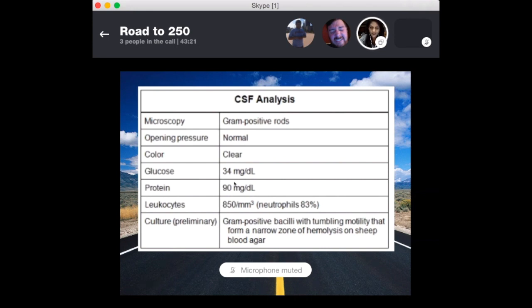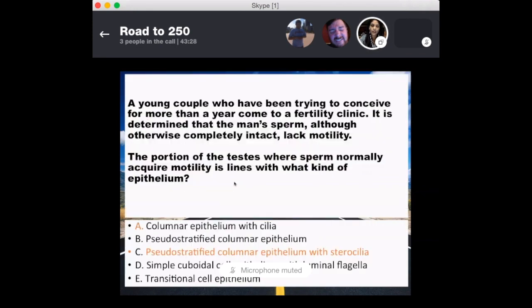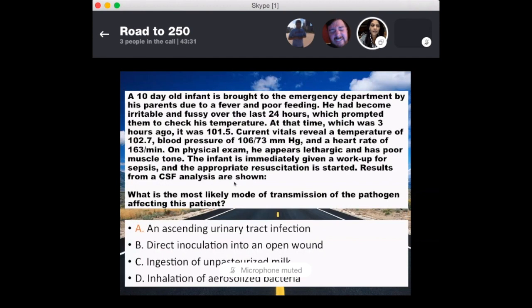So what is our bug? Tumbling motility. Listeria? Right, so we've figured out what the bug is. So now the question is, what is the most likely mode of transmission of the pathogen affecting this patient?